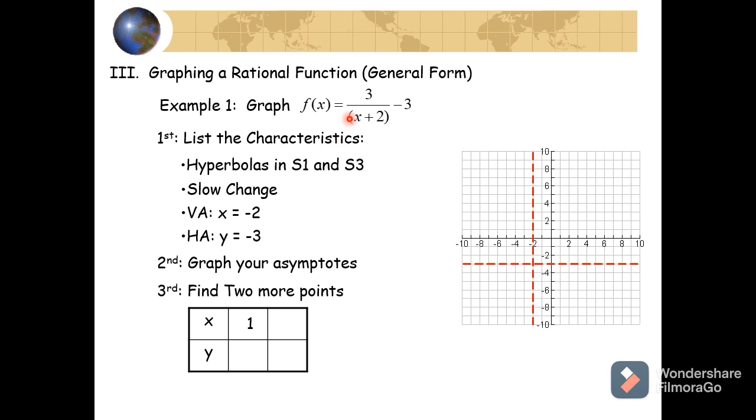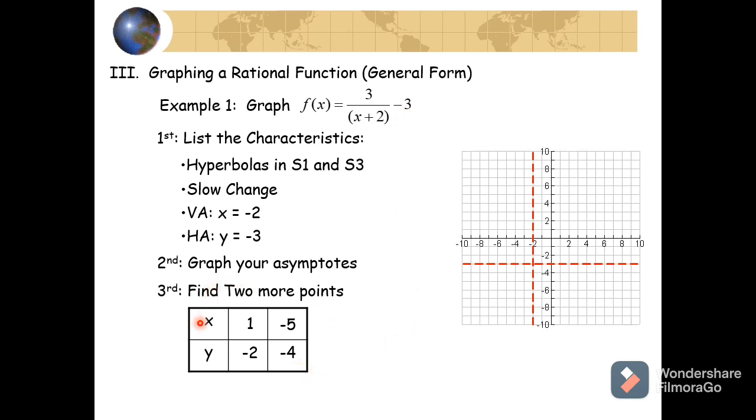So, itong 1 mapupunta dito kay x. So, 1 plus 2, that is 3. 3 divided by 3, that is 1. 1 minus 3, that is equal to negative 2. Other point is negative 5. Let's try. Negative 5 plus 2, that is negative 3. 3 divided by negative 3, that will be negative 1. Negative 1 minus 3, that is equal to negative 4.